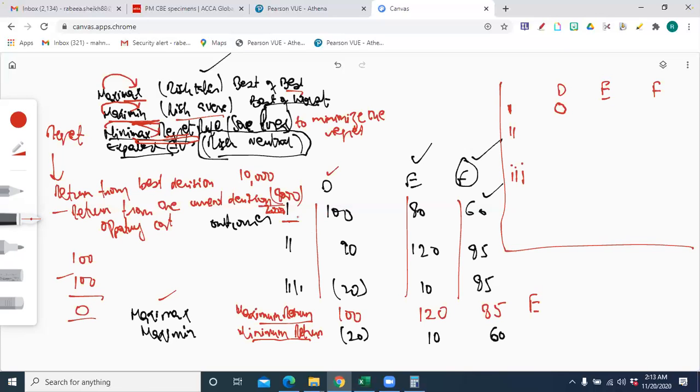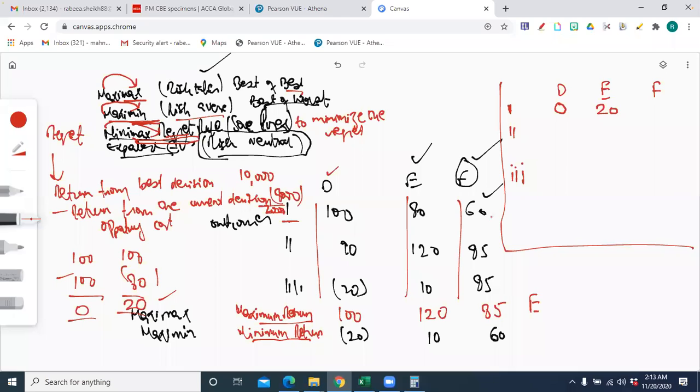But if it was scenario 1 and instead of D he took E, what's the regret here? What did he lose? He could have earned 100, but he chose E, which only gave him a return of 80. The regret here is 100 minus 80, regret 20.